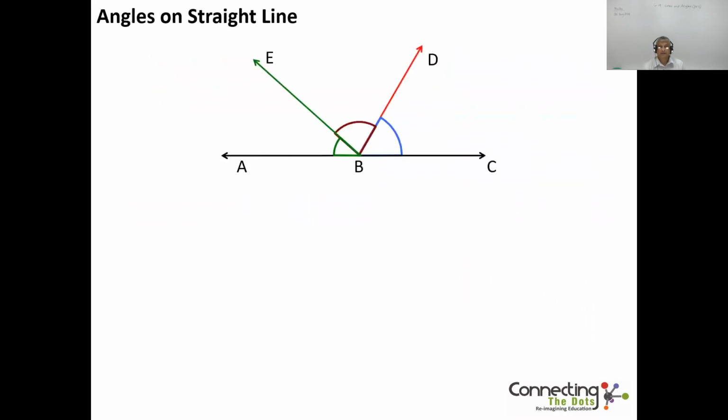Okay. So now, what if there are more than one angles on a straight line? Take a case like this. I have many angles on one side of the straight line: 1, 2, 3. So what will be angle 1 plus angle 2 plus angle 3? All the angles 1, 2 and 3 added together still form the straight angle, and you know what a straight angle is. That is 180 degrees.